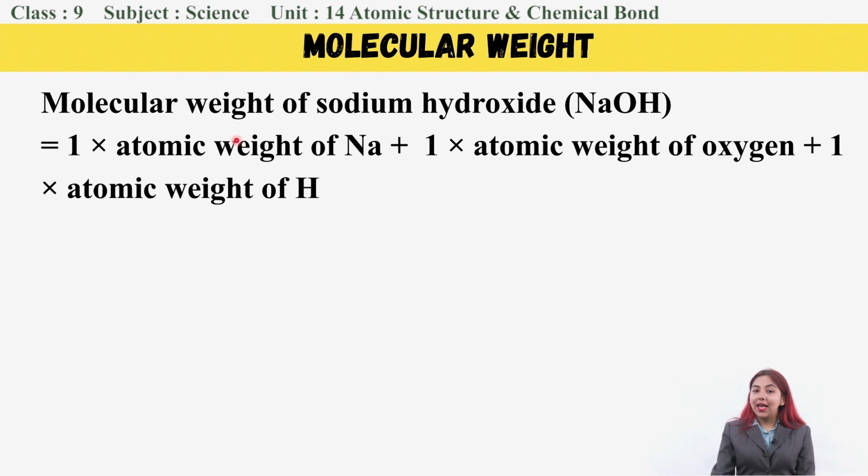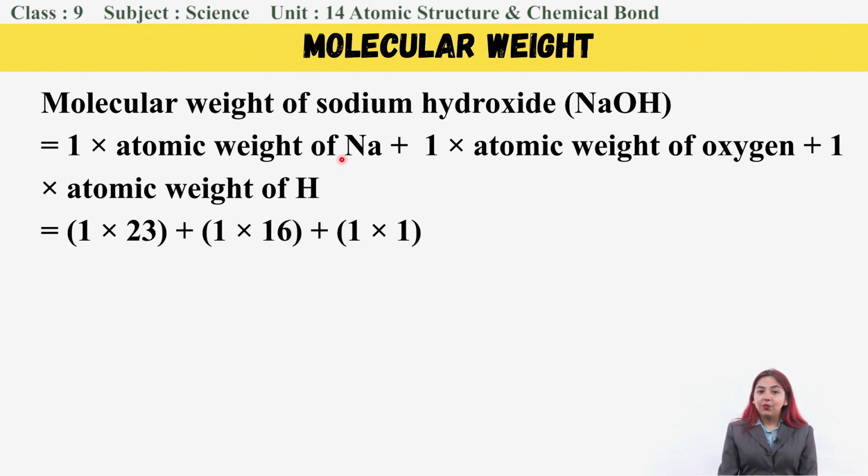So, 1 times the atomic weight of sodium plus 1 times the atomic weight of oxygen plus 1 times the atomic weight of hydrogen. The atomic weight of sodium is 23, oxygen is 16 and hydrogen is 1. So, the total sum is 40. The molecular weight of sodium hydroxide is 40.